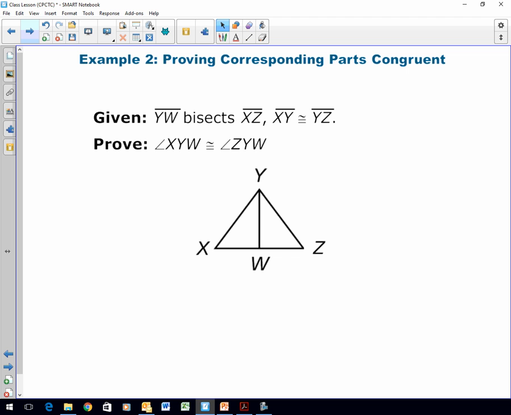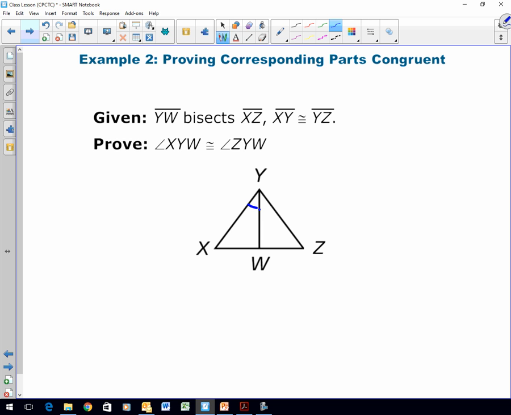Look at this one. If YW bisects XZ, and XY is congruent to YZ, prove to me that triangle XYW is congruent to triangle ZYW. Mr. Payton, what does a bisector do to an angle? Two congruent angles.